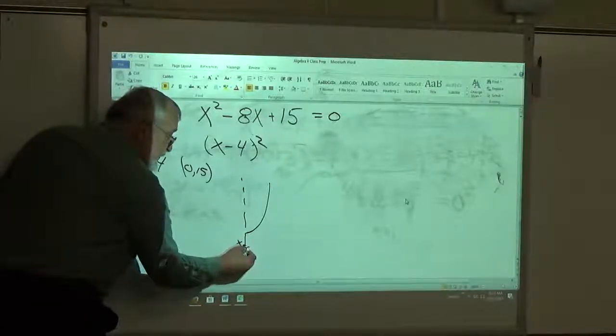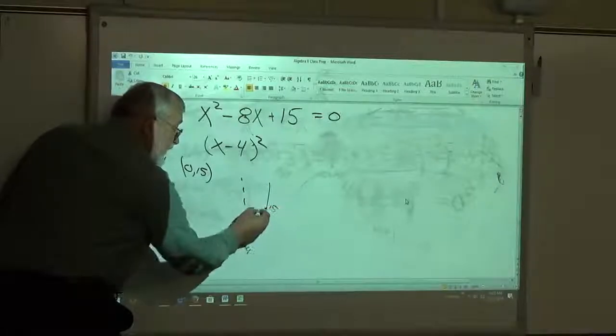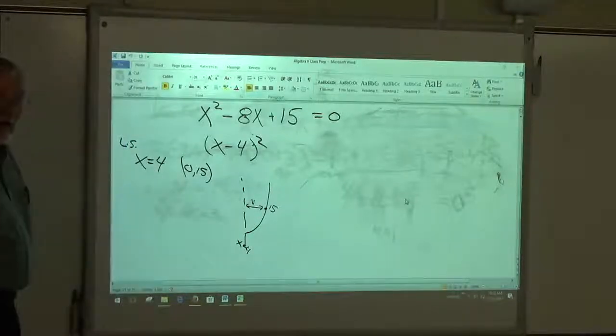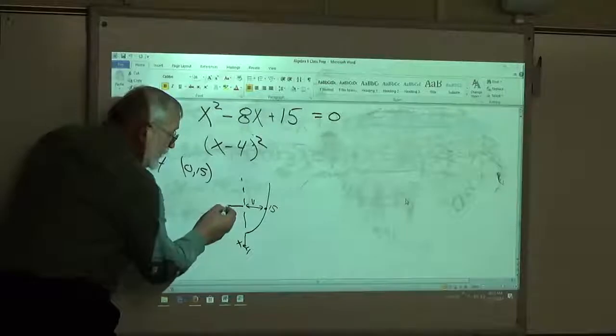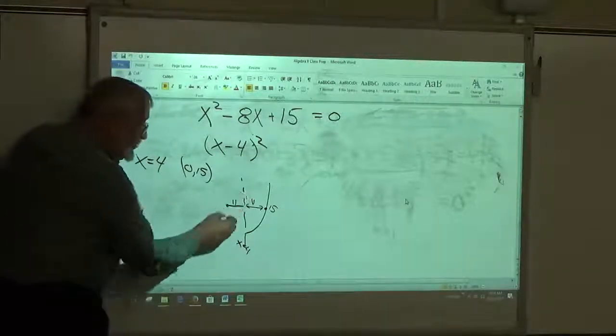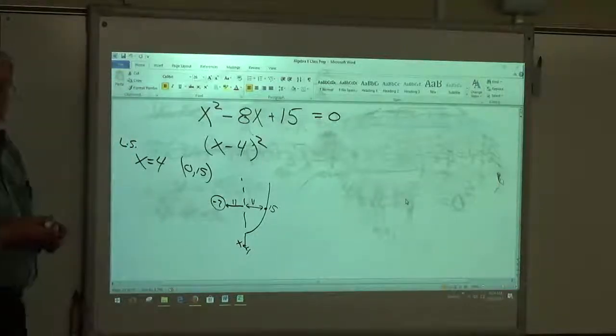This is x equals 4, and right over here is 15. So that makes this 11. What they're asking for when they ask for the symmetry point, they want this point right here. So take 4 and subtract 11, and you'll get -7. That's the point of symmetry they're talking about.